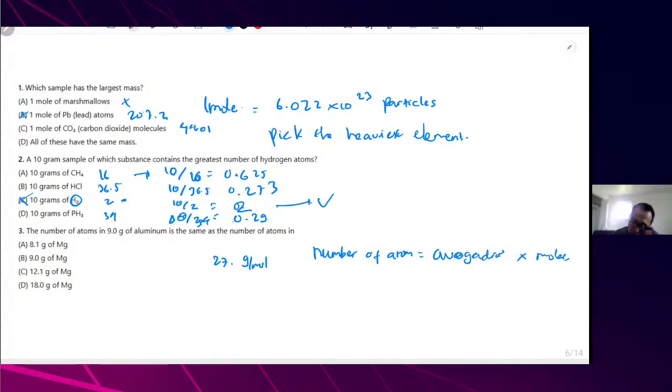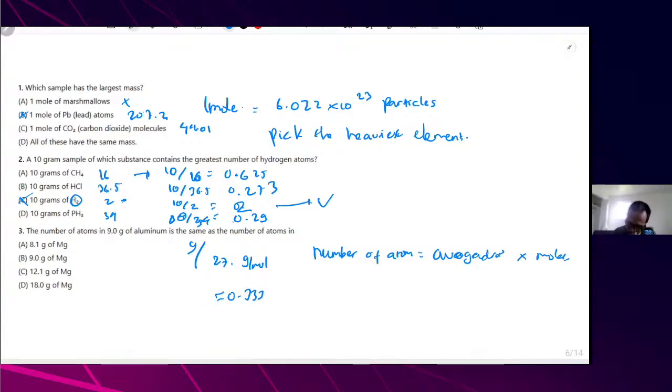Now we have the moles: 9 grams per 27 grams, so it will be 9 divided by 27, which is 0.33.